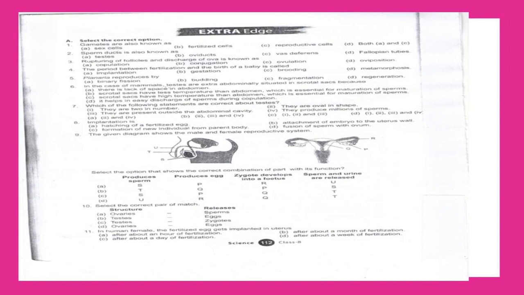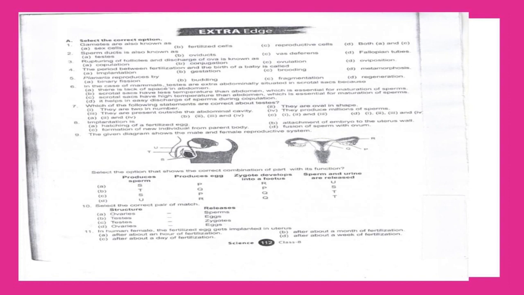The process of release of ovum is called ovulation. Fourth one, the period between fertilization and birth of baby is called gestation. Then fifth one, planaria reproduces by fragmentation. Regeneration, but the best answer is planaria reproduces by fragmentation.